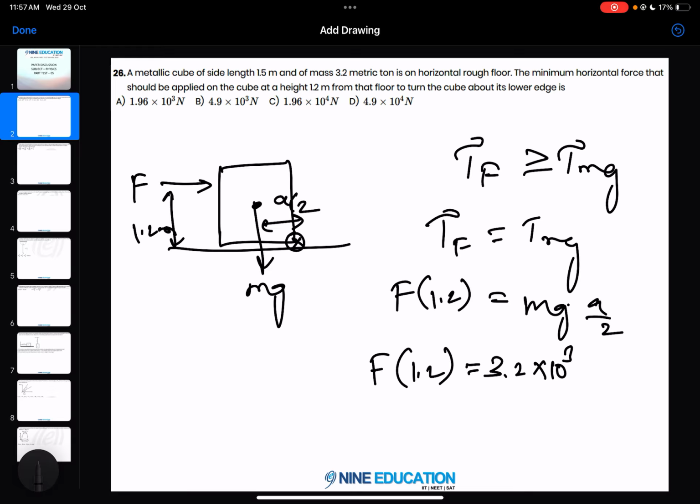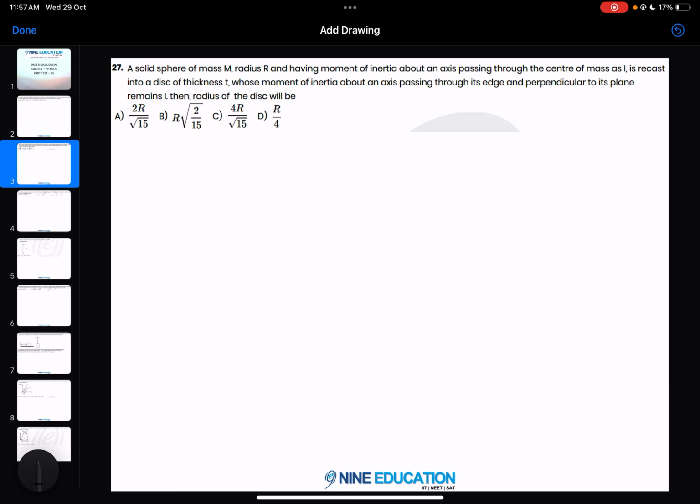And the value of g you need to put as 9.8, because if you observe, the options are multiples of 9.8. Now substituting all the values, the value of force will turn out to be 1.96 into 10 power 4 Newton, option C. Moving on to the next question.